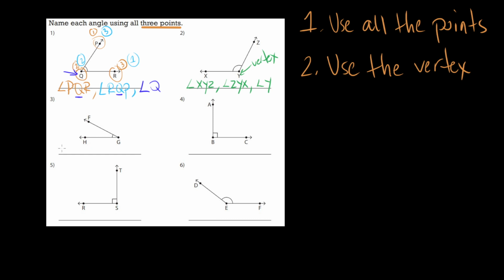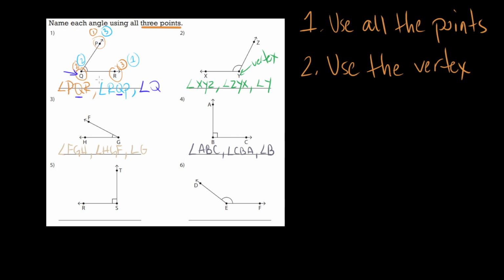This is going to be angle FGH, angle HGF, or angle G. All right, let's go to the next one. This is going to be angle ABC, angle CBA, or angle B.